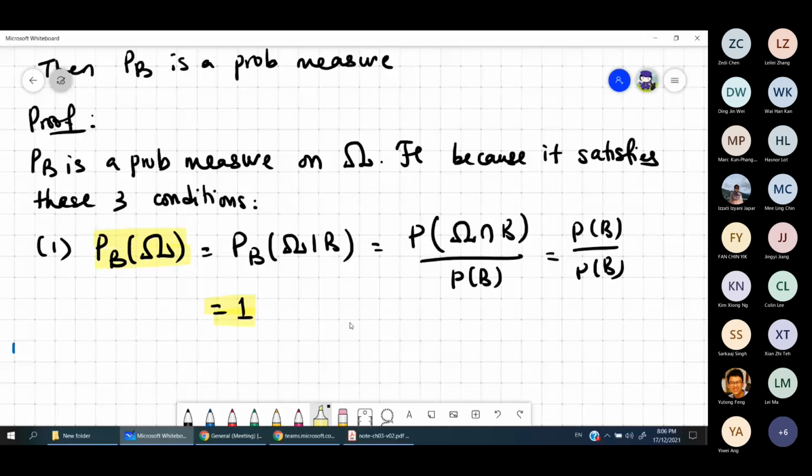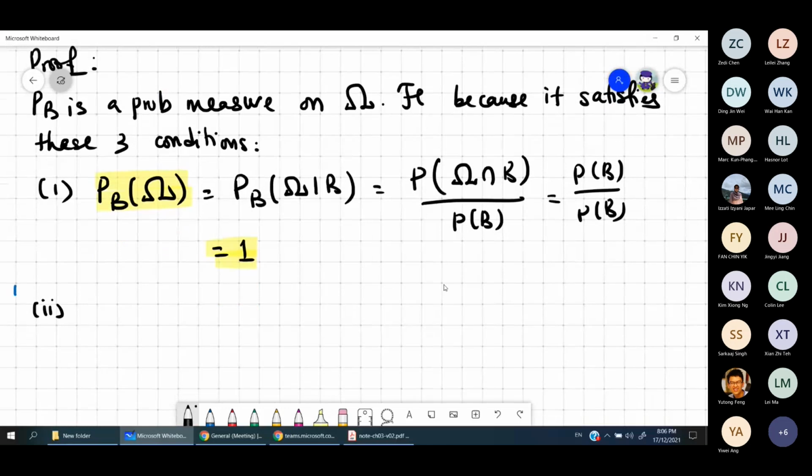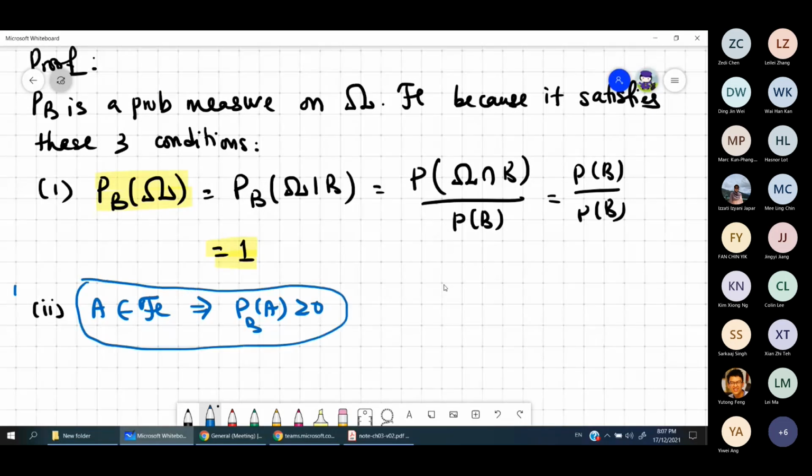So the second one. What we want to show is that if A is an event in F, then P_B of A must be non-negative.